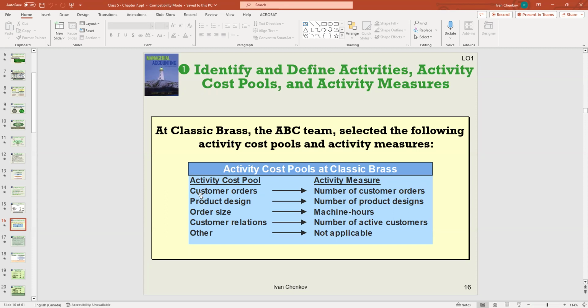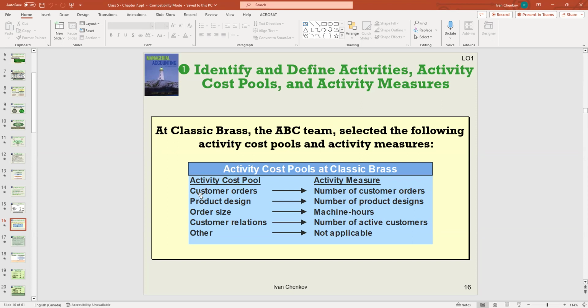Every time we have to design a new product, that drives the cost. Based on the size of the order that the customer places, that's another thing that drives our cost. Customer relationship is another activity that drives the cost. The last activity is other; there will always be other.